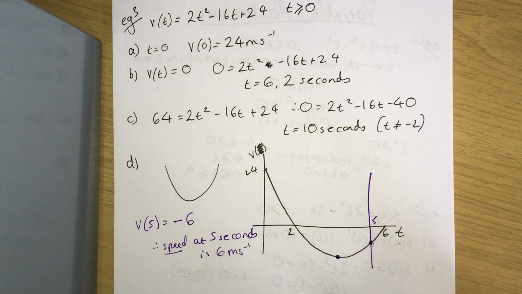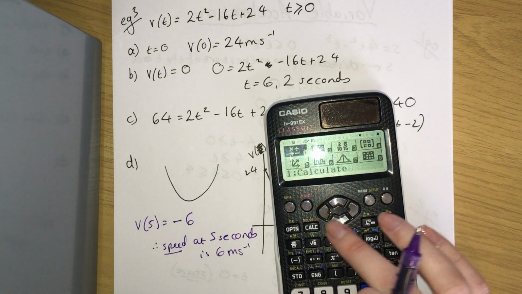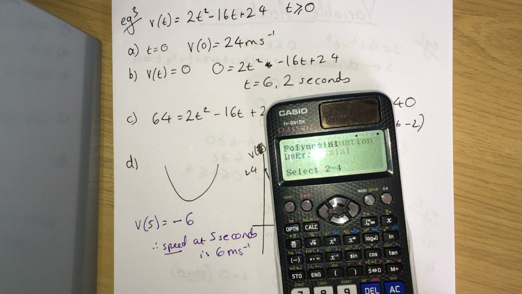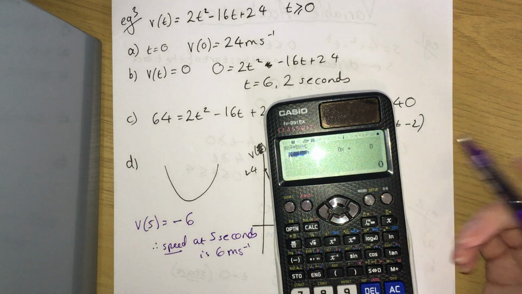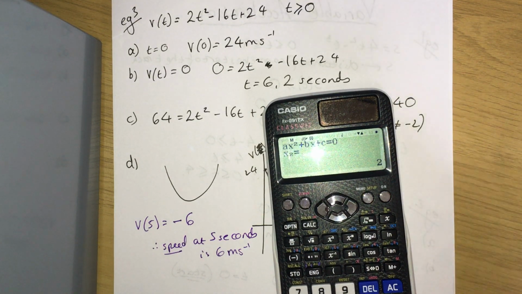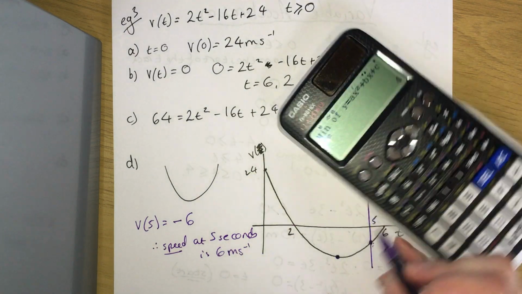I have, however, got my minimum point. So on my calculator, I can find my minimum point. I go to my equation function, my polynomial solver, and I act as if I just want to solve it. So 2x squared minus 16x plus 24. It gives you my 2 roots. It then gives you the minimum coordinate.